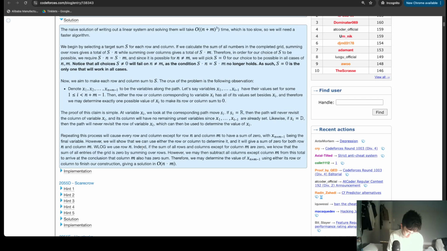So these numbers are not 0, but the sum is 0.